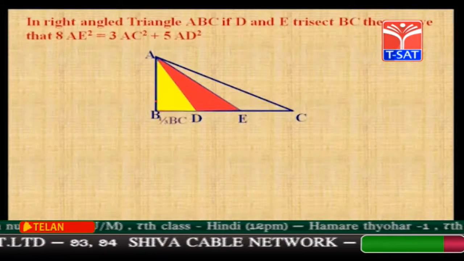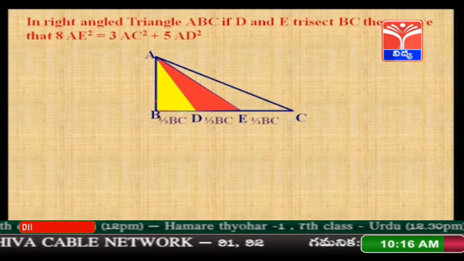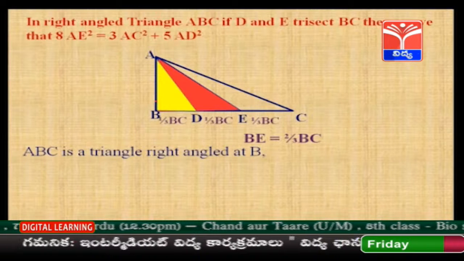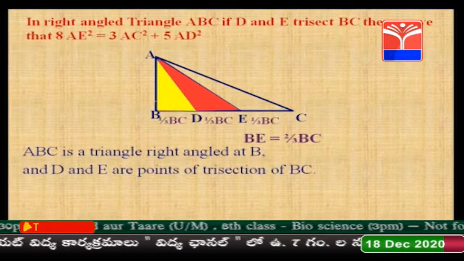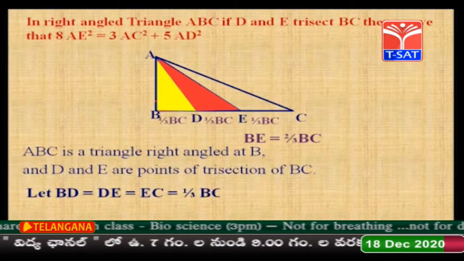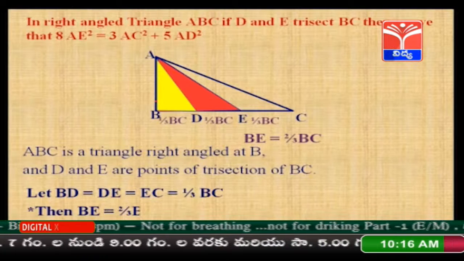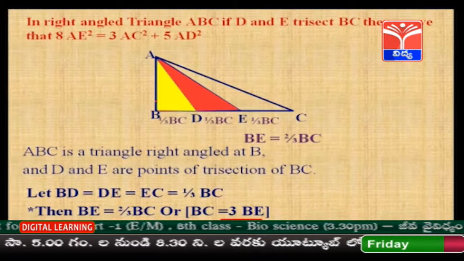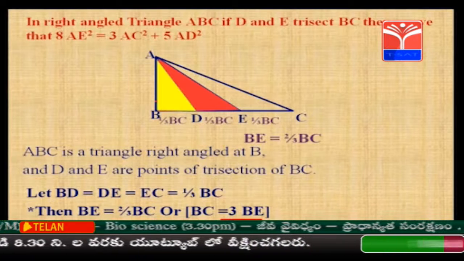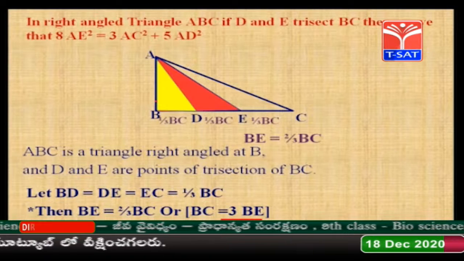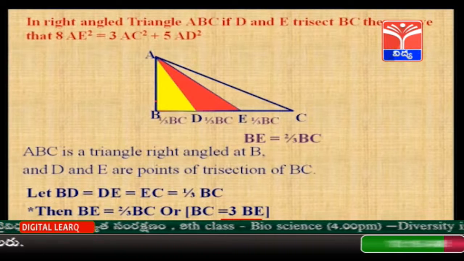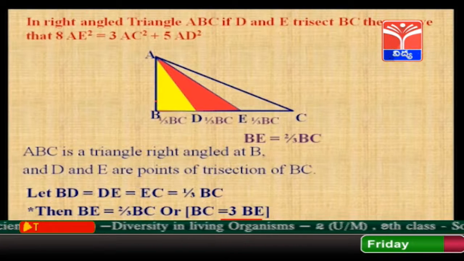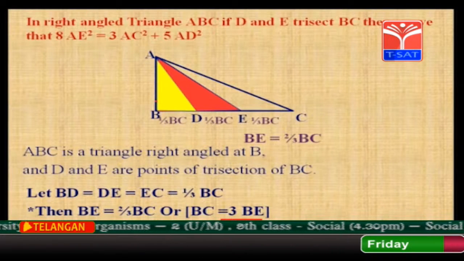ABC is a right angle triangle at B, and D and E are the points of trisection of BC. Therefore, I am writing BD is equal to DE is equal to EC is equal to 1 by 3 BC. Now, BE is equal to 2 by 3 BC. I am rearranging the terms like this. See, BC keeping this side, and this fraction if it goes that side, it becomes 3 by 2 BE.